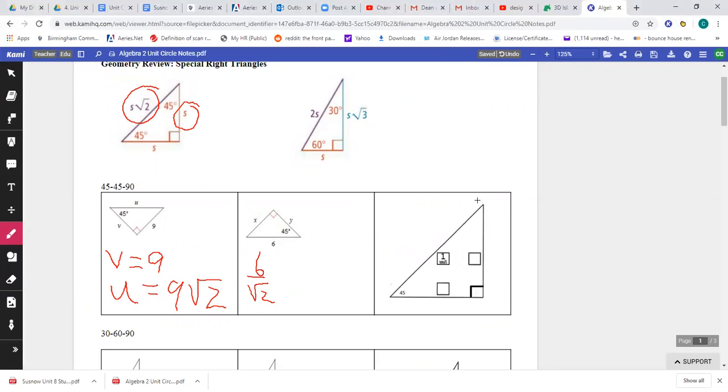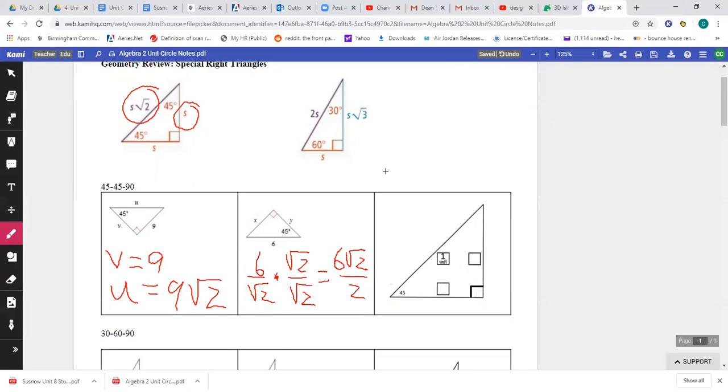Now, remember, we do not want a radical on the bottom, so we multiply both sides, both the top and bottom, by radical 2. And so this becomes 6 radical 2 over 2. Remember that radical 2 times radical 2 is just radical 4, and so that simplifies to 2.